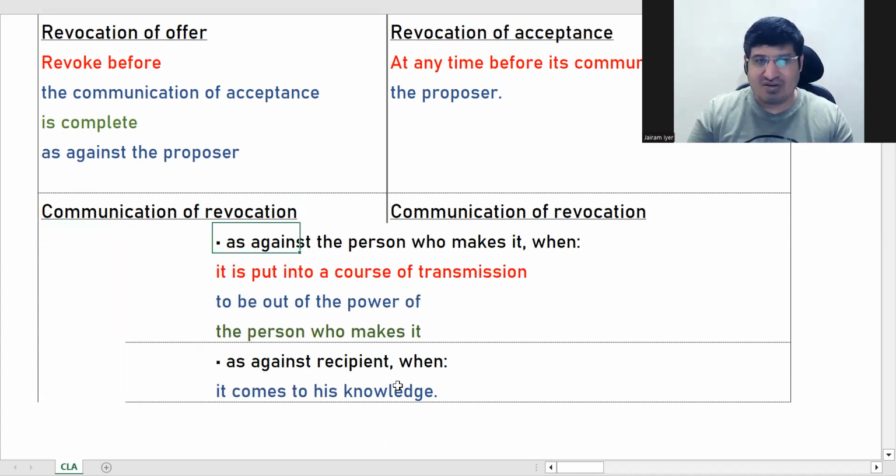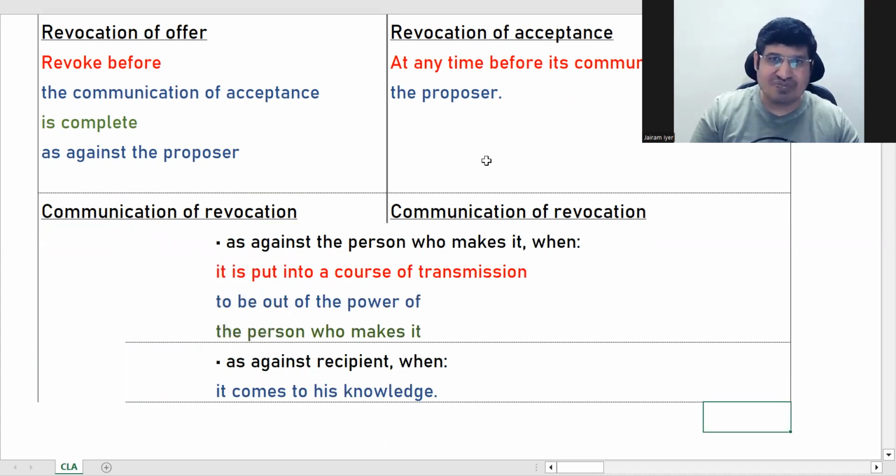For offer side, if you want to read it again, just remember in short that he has posted it. He doesn't want the offer now, so he has written, no, I don't want to continue with my offer. Whenever he has posted it, that is the time.